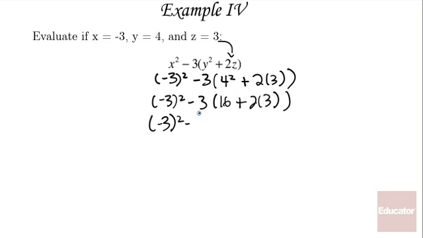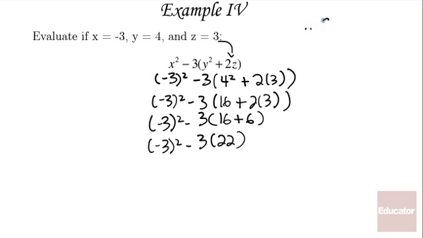After I've eliminated the power inside the parentheses, I can go ahead and multiply or divide, and I do have some multiplication that needs to be done. And let's see, almost done with the parentheses. What I'm going to do next is simply add, and that's going to give me 22. Okay, so I got rid of that set of parentheses, so I'm going to look at what I have next.